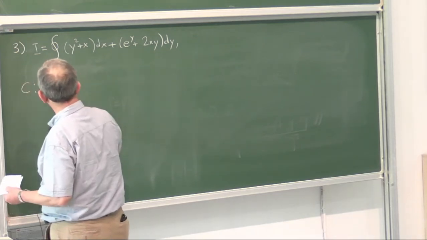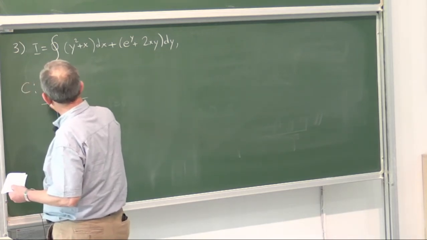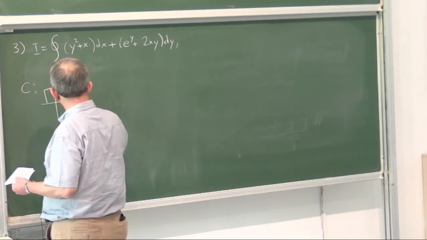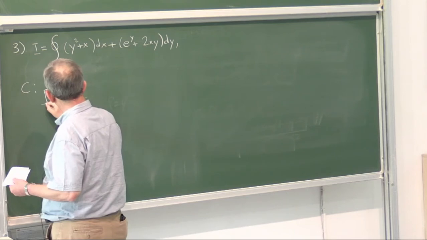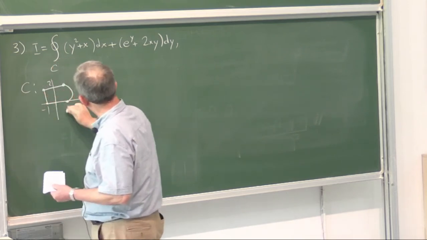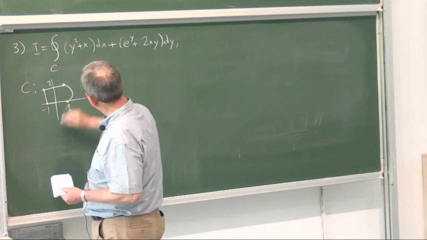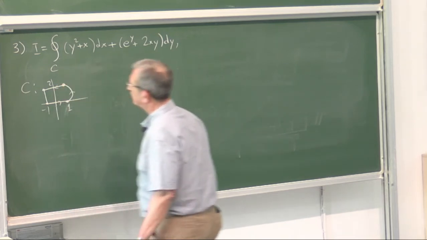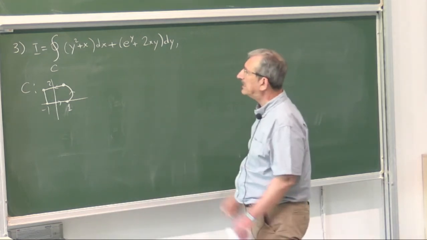Let me redraw it. C is this. This was -1, this was 2, this was 1, and this was a circle and counterclockwise oriented. Okay, as in 2a.